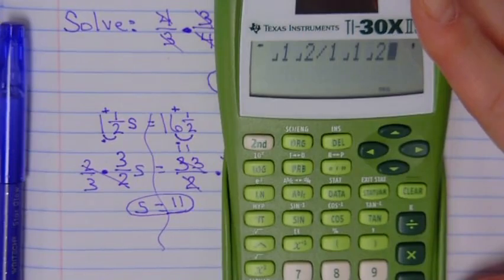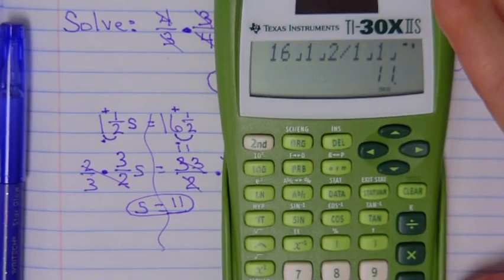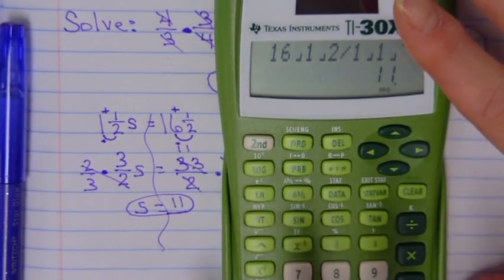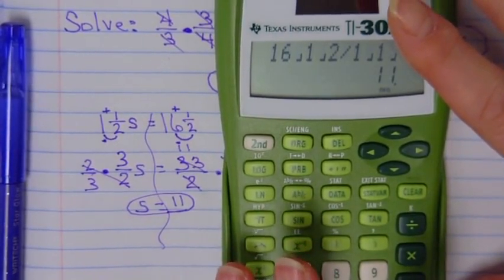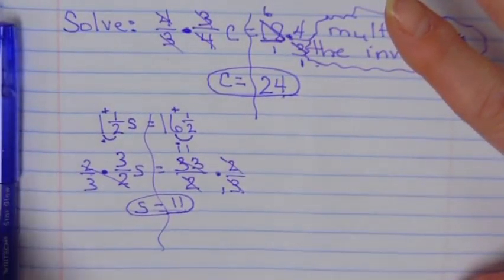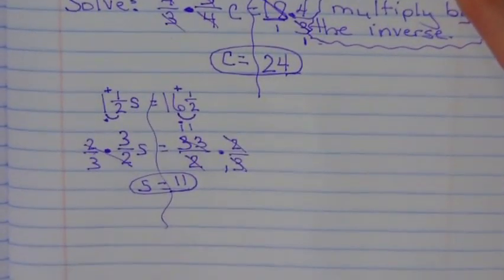That is 1 and 1/2. Okay? And it gives us the answer of 11. So if you know how to use the fraction button on your calculator, your life gets exponentially easier. Okay? So we can talk more about that if you need to individually.